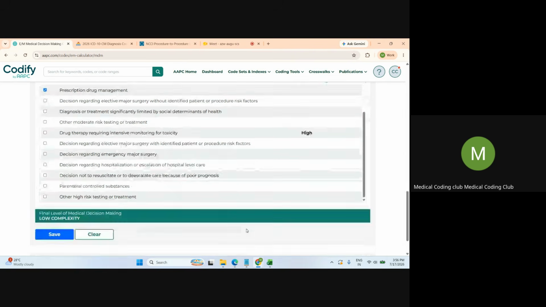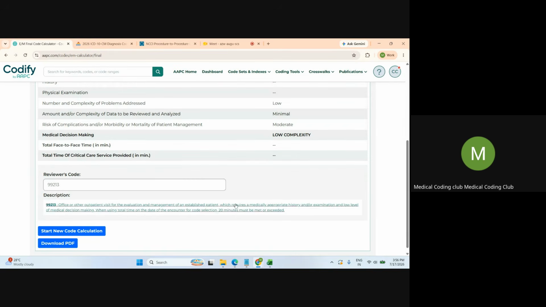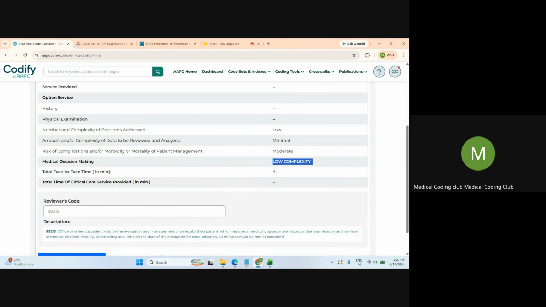So I already got MDM as low. Low MDM, and if you check once again, the code will be 99213, low complexity. This is your ENM level code.